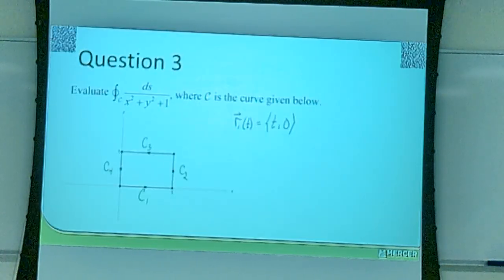Let x be t, and t will go from 0 to 1. And then I guess you just do this for all the sides. The magnitude of R1 prime is just 1, isn't it?